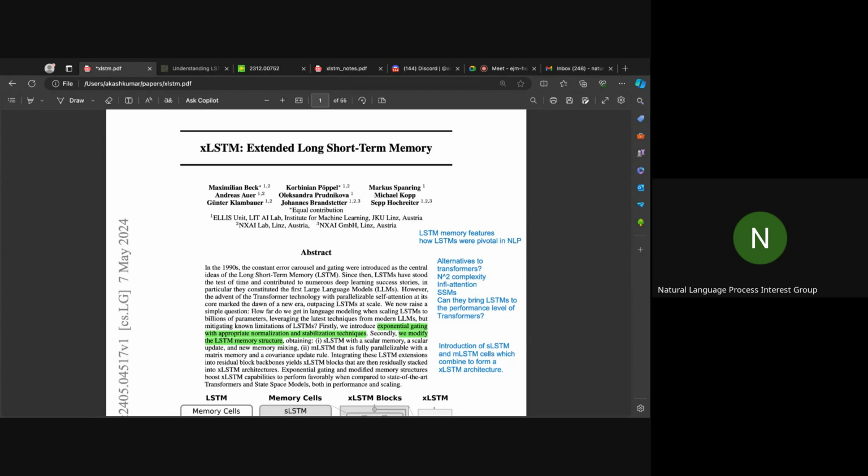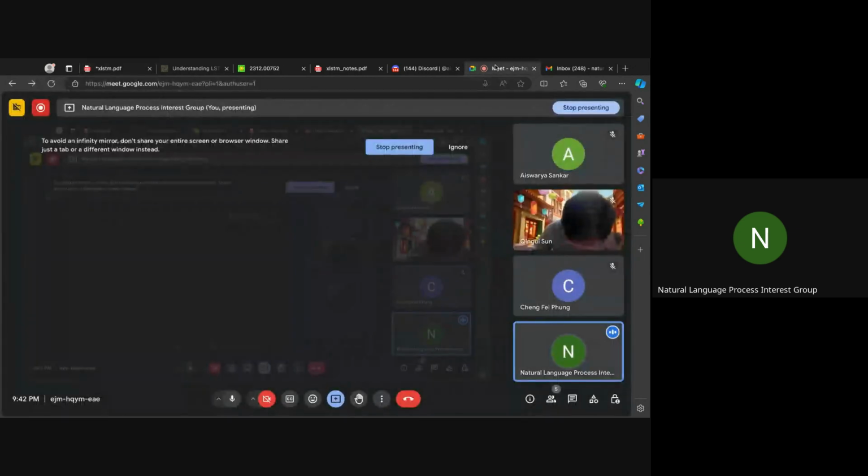And also, some time back, I think earlier this year, we looked at the Mamba architecture, which is a state space model, and we will briefly cover that also. The main point that the authors are trying to address in this paper is whether they can bring the performance of LSTMs to the current performance levels of transformers.